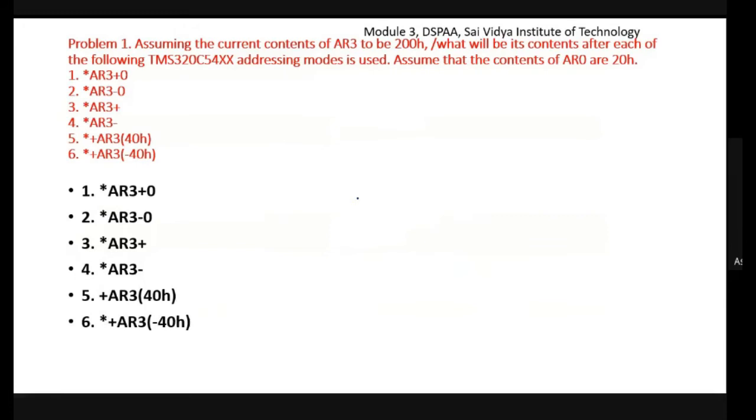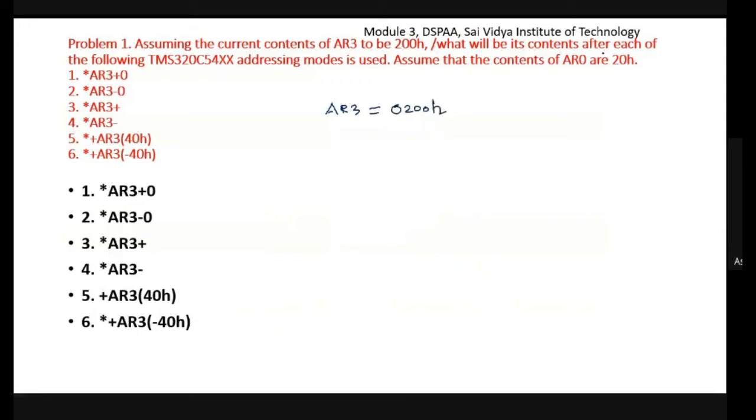So the first problem is based upon the indirect addressing mode. In indirect addressing mode, we have the AR3 content, that is auxiliary register 3 content, to be 0200 hexadecimal.